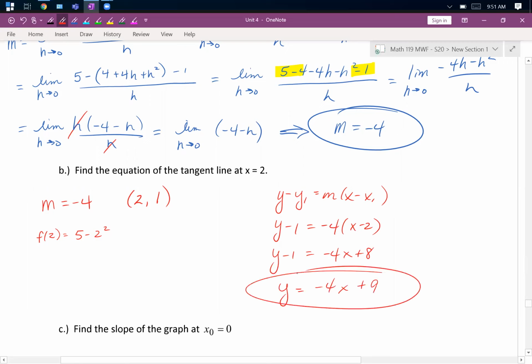The equation of our tangent line at exactly x equals 2 is y equals -4x plus 9.